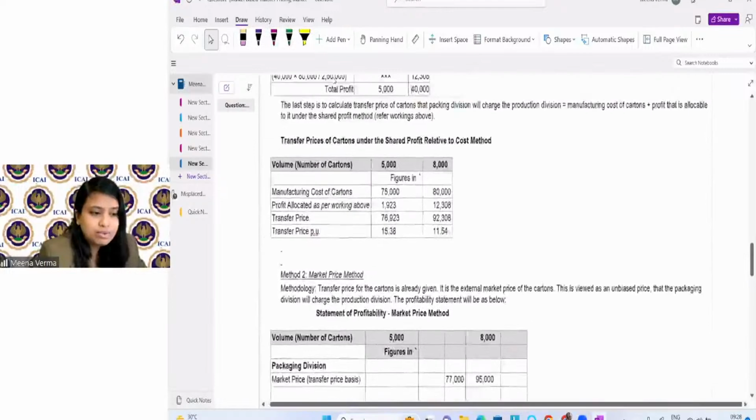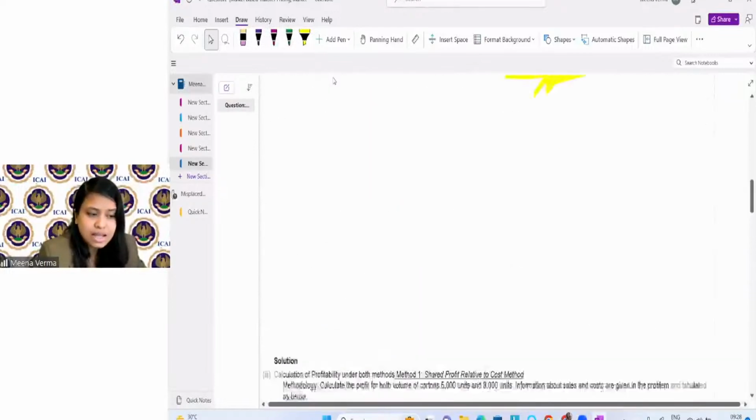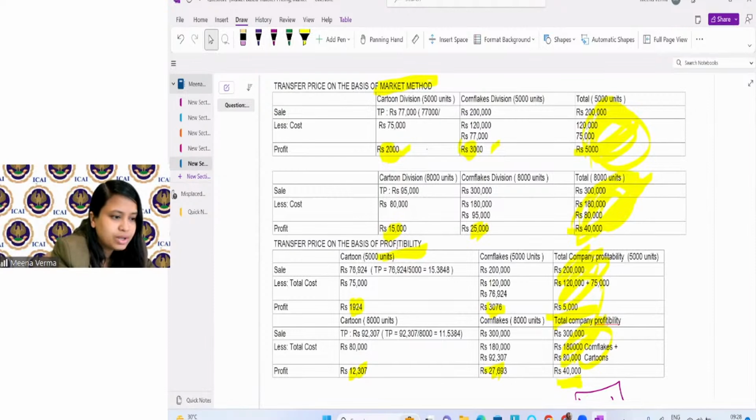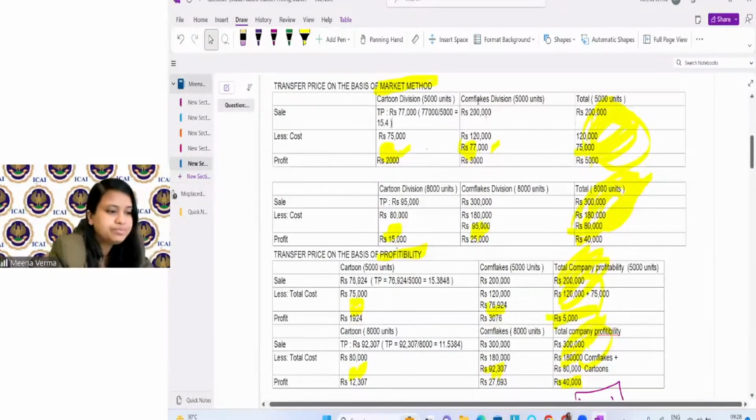Achha, let me do one thing. The way it is calculated here looks difficult, but it is not. One more thing I forgot to do: transfer pricing per unit. Let's find the transfer pricing per unit also. 77,000 divided by 5,000 is this.